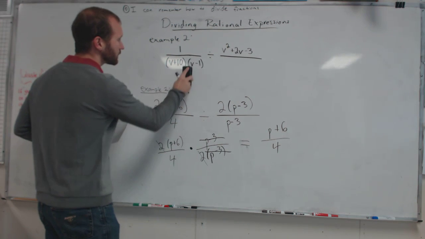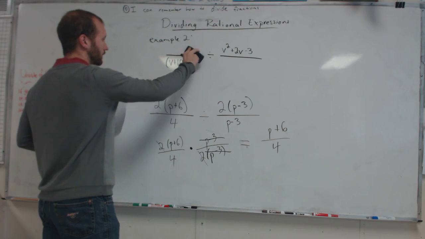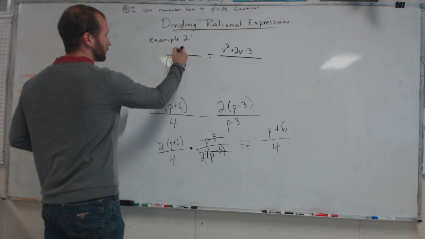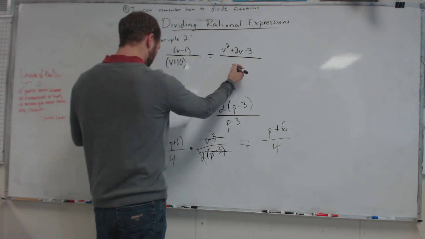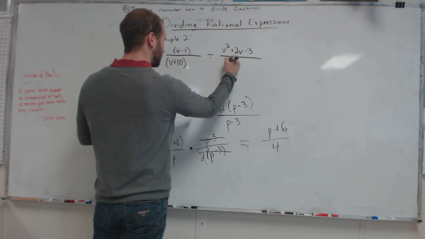Sorry, this goes here. The v minus 1 is here, over 10.